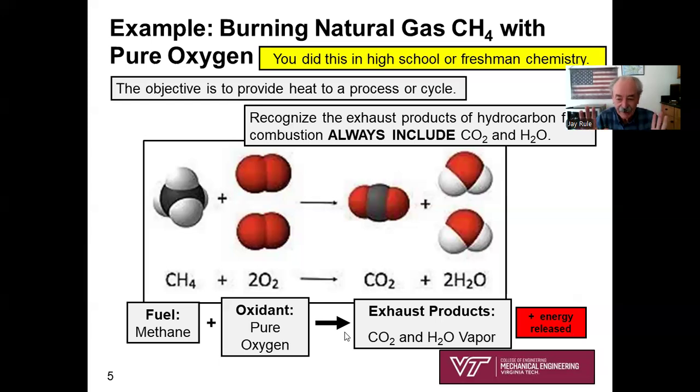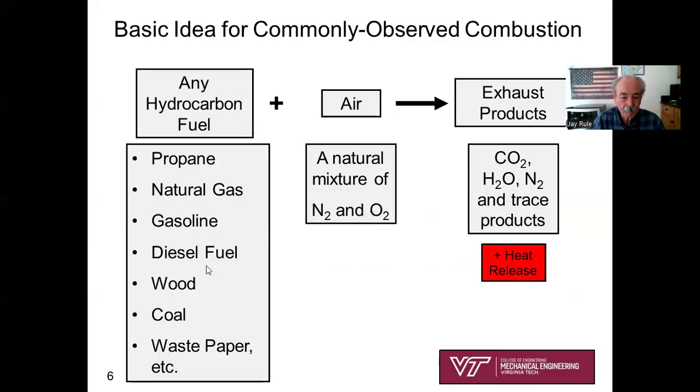So you get the idea that you can scratch your head and figure out this combustion equation, the chemical reaction equation for combustion. Important thing to get in your mind is that remember that the exhaust products for any hydrocarbon fuel is CO2 and H2O in some molar amounts.